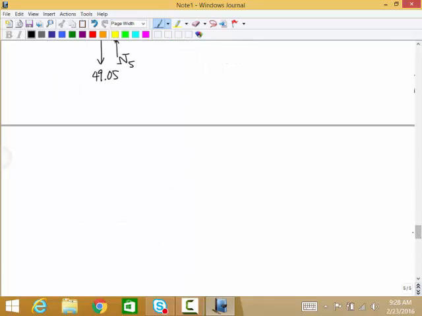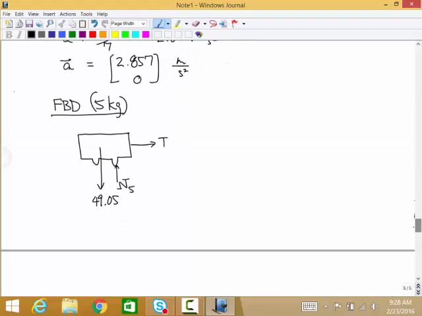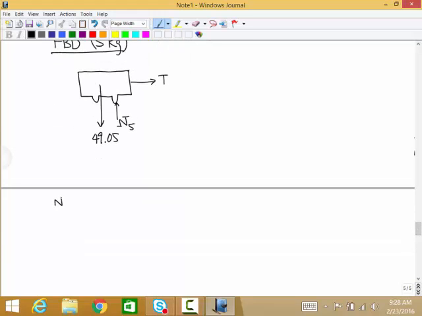And Newton's second law then says, what's the vector representation of that weight force? 0, -49.05, yep.